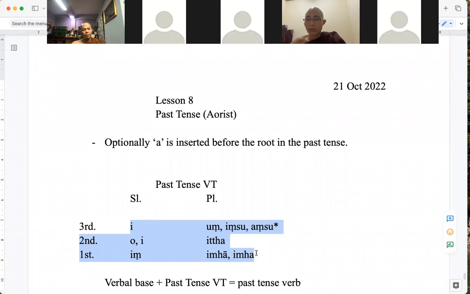So that special vowel termination also you need to remember. So now past tense. So e, o, aim su, am su. And then o, e, eta, aim, ama, ama.